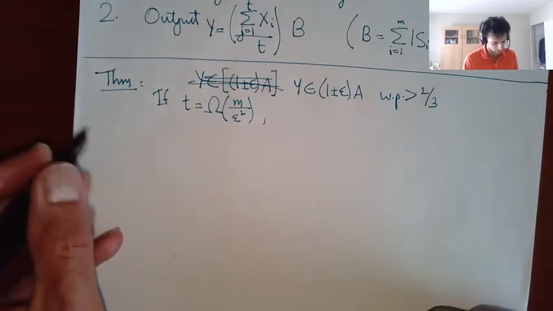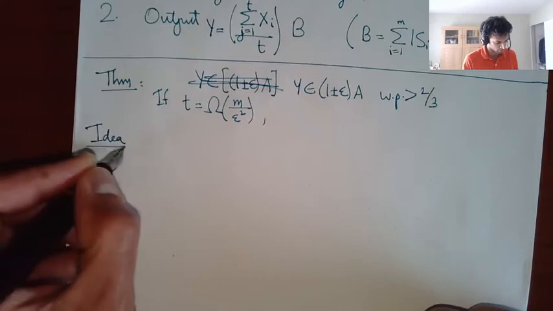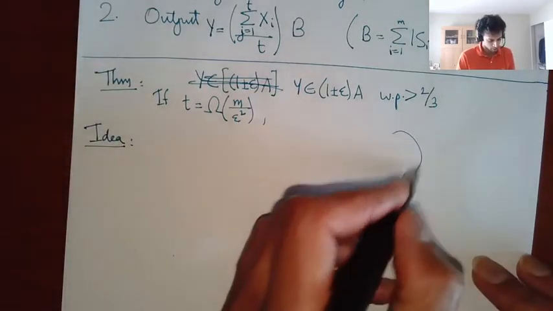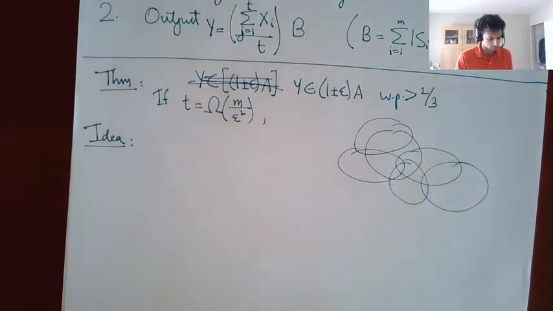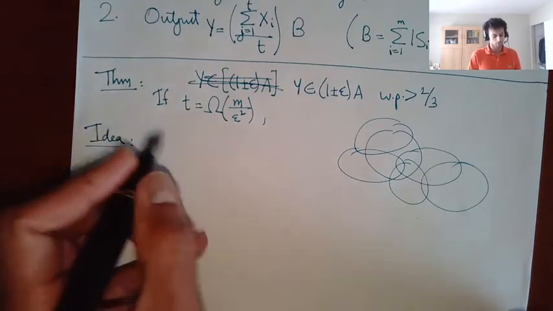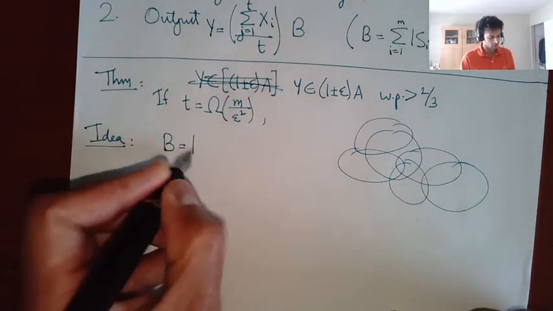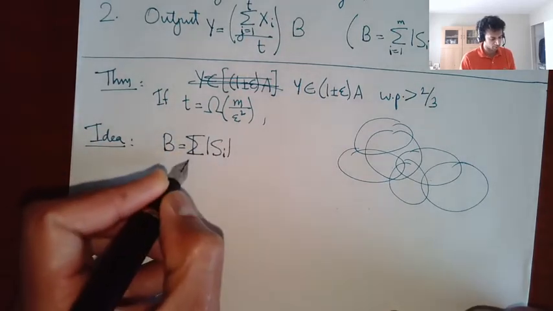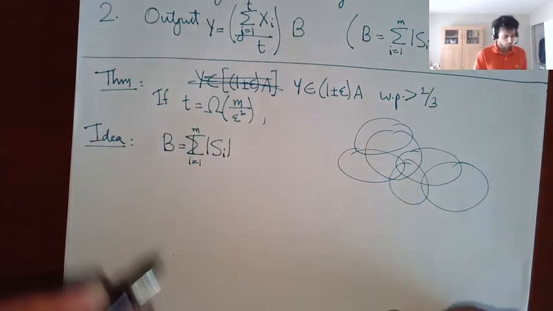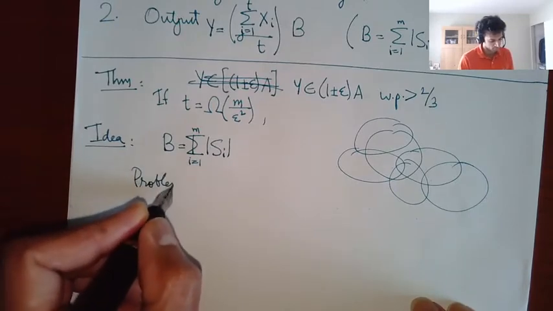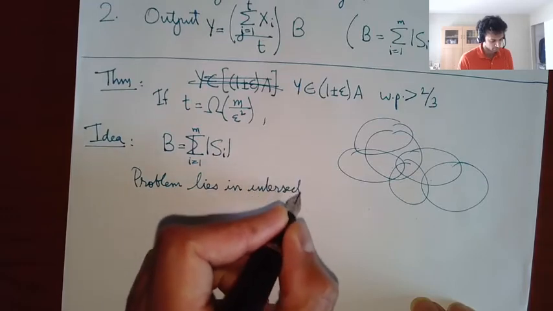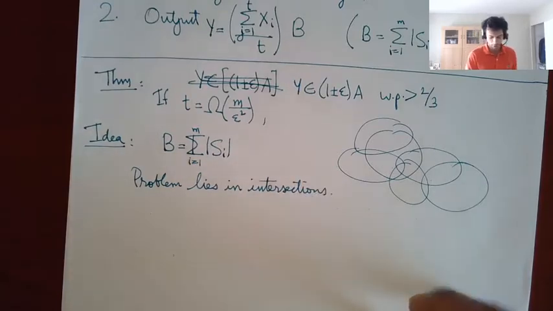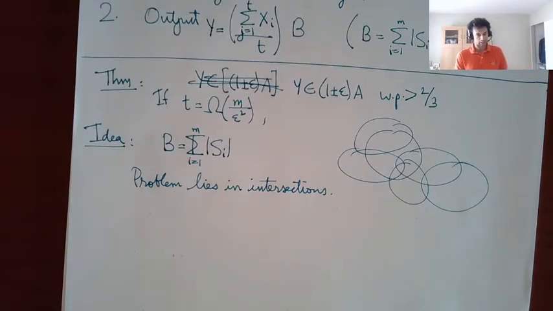So what's the idea, before I write out the proof? Let's look at this collection of sets. A trivial estimate to the union would just be b. The problem lies in the intersections.